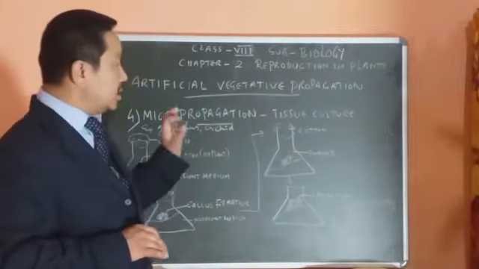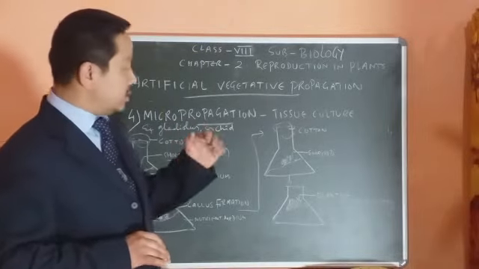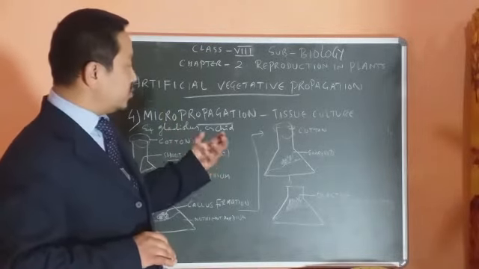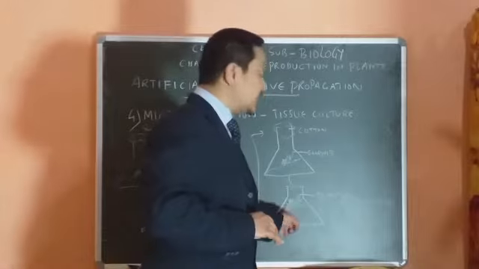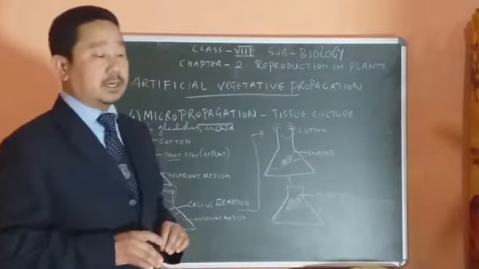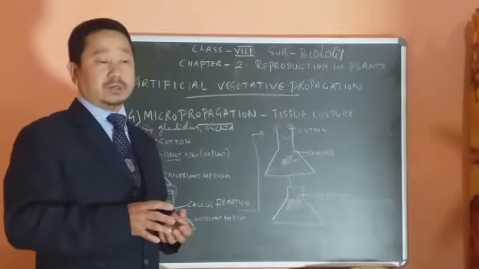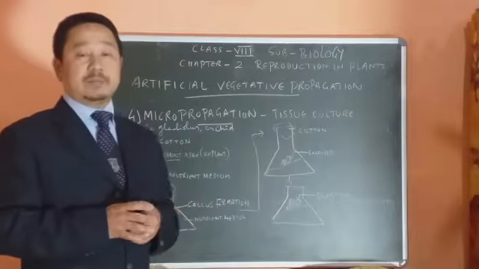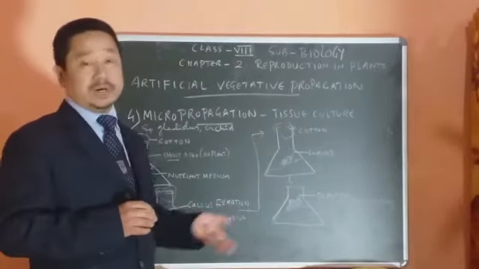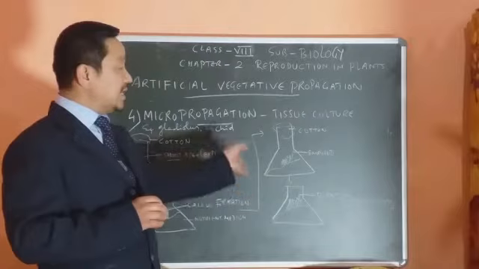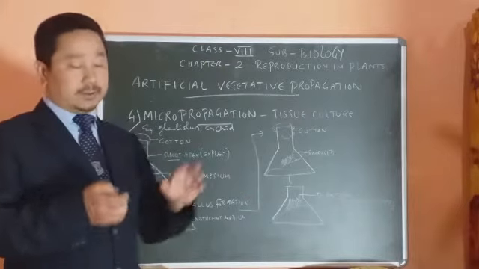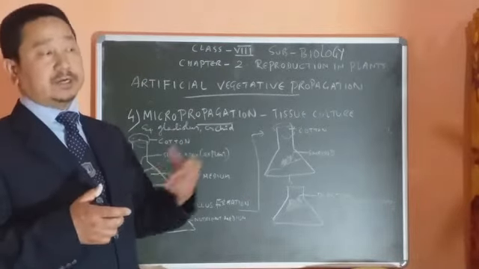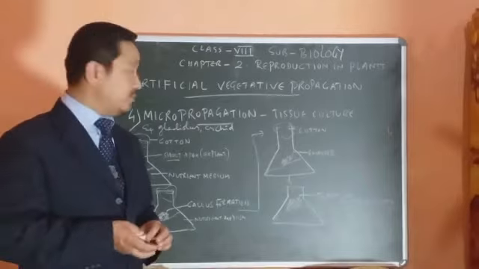After 4 to 6 weeks, these plantlets are taken out and grown in pots, or taken to the place where we grow them permanently.